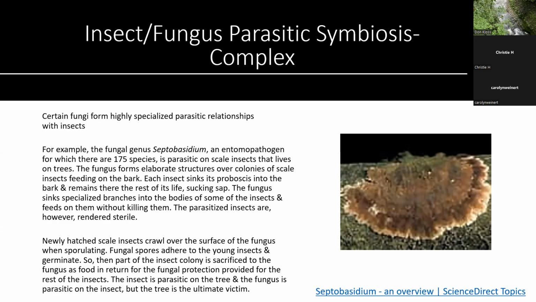So then part of that insect colony is sacrificed to the fungus as food, which is in return for the fungal protection provided for the rest of the insects. So the insect is parasitic on the tree, and the fungus is parasitic on the insect, but the tree itself is the ultimate victim of all of this.